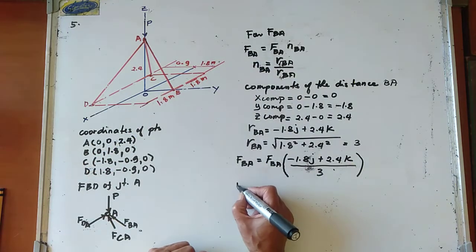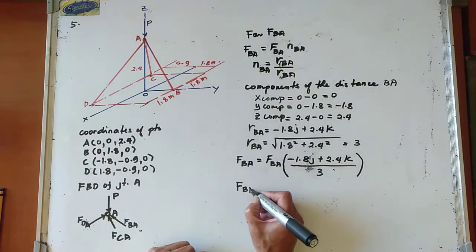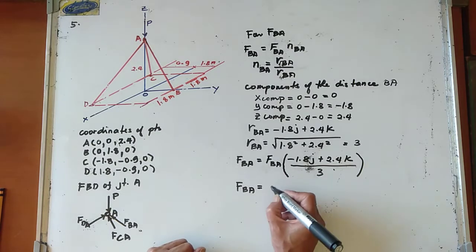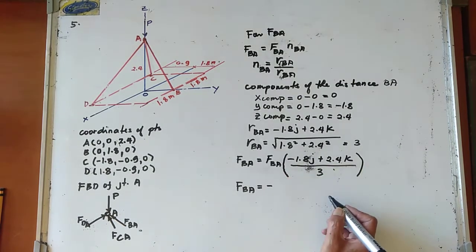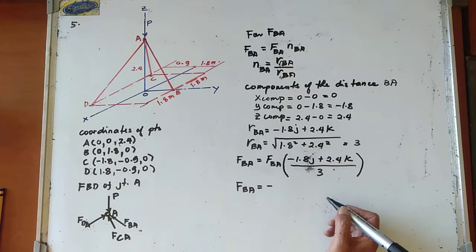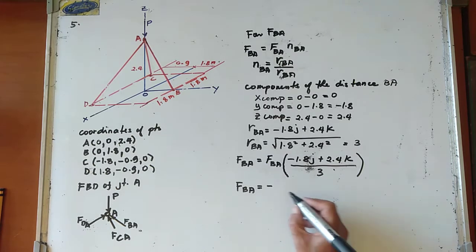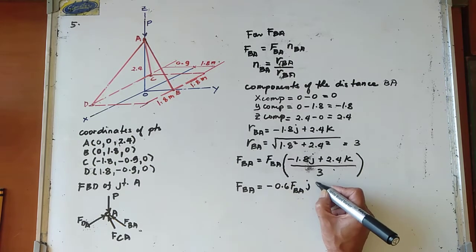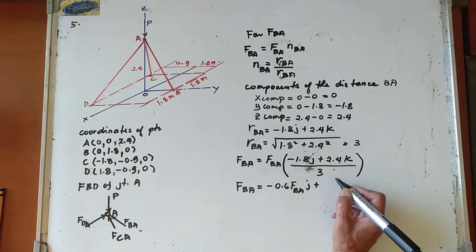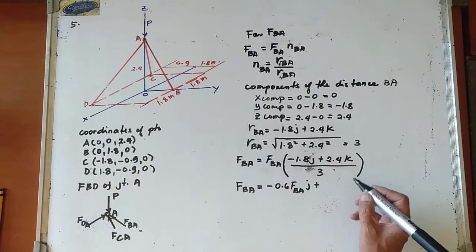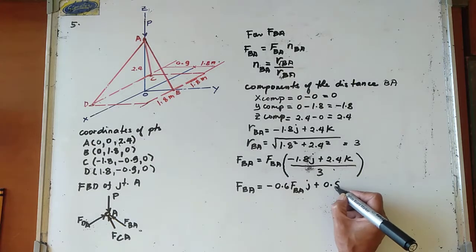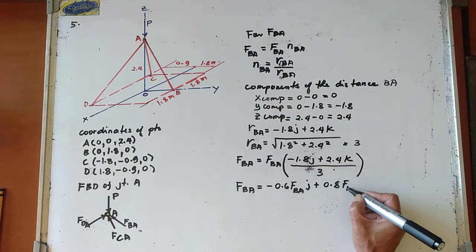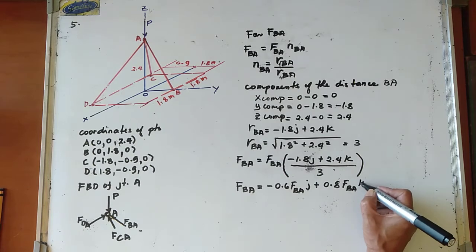So FBA in Cartesian vector form is negative 1.8 over 3, which is 0.6 FBA j, plus 2.4 over 3, which is 0.8 FBA k.